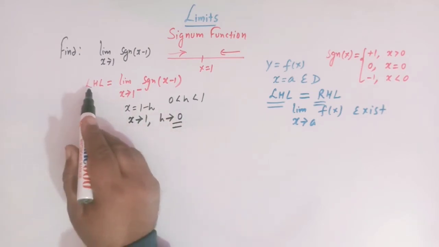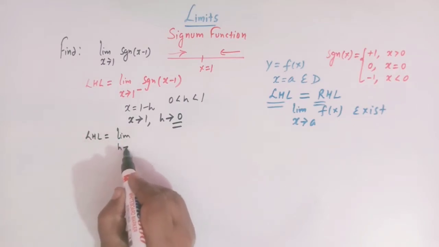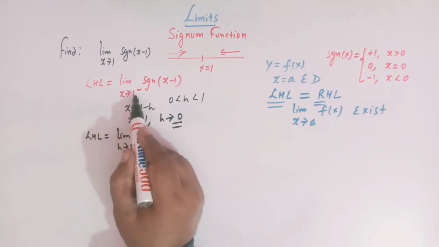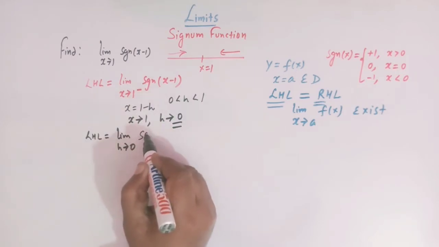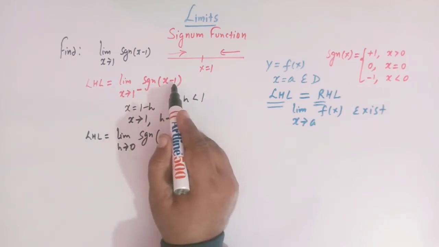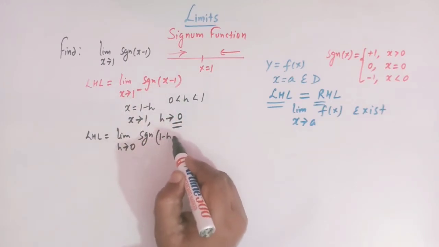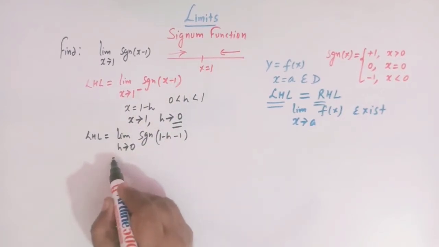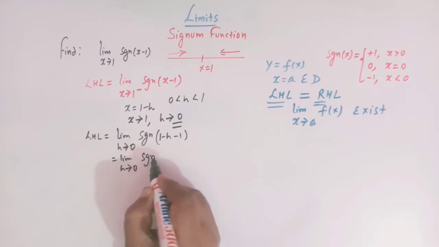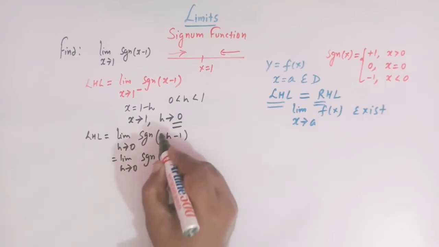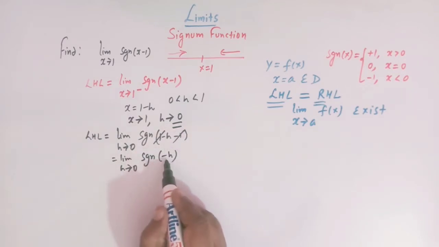So now this left hand limit takes the form limit h tends to 0, because for x tends to 1 minus we can replace it by h tends to 0, and then we have signum of x minus 1, and for x we can write 1 minus h, and then we have minus 1. So we can simplify it. So we have limit h tends to 0, signum of minus h, right? So this one and this one get cancelled, and we are left with signum of minus h.